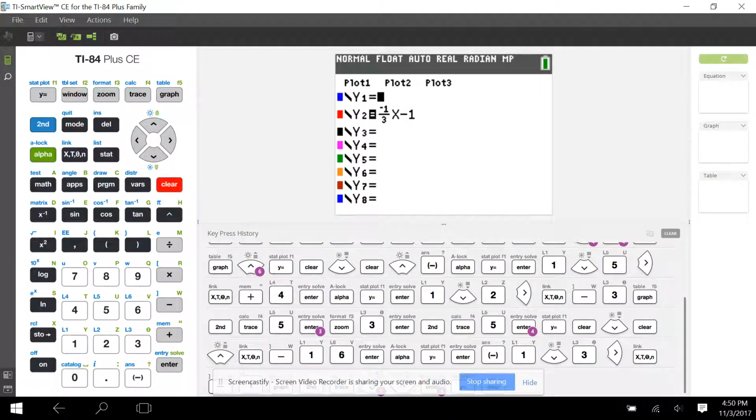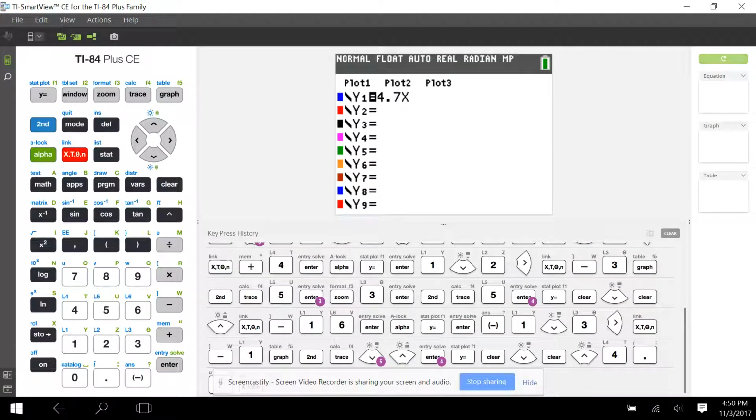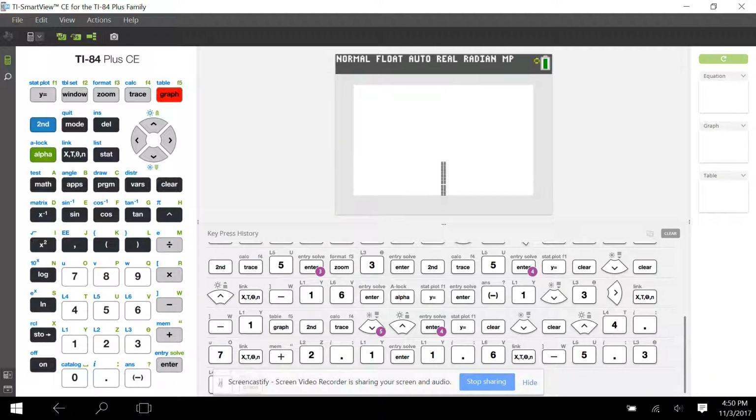Y equals, clear, 4.7x plus 2.1. Enter. 1.6x minus 5.34. Graph. Alrighty, so they do cross, so there is a solution.